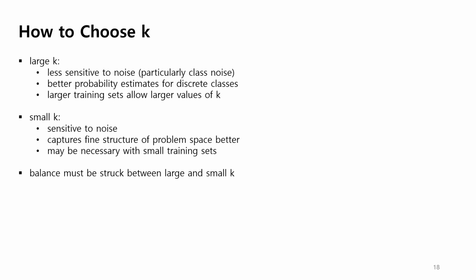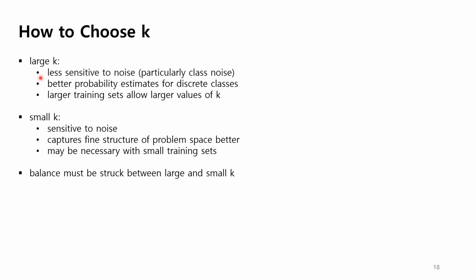One of the issues of the IBL algorithm is how many nearest neighbors you're going to choose. That's the topic of this slide: how to choose k. K is the number of neighbors. Large K means you choose many nearest neighbors.